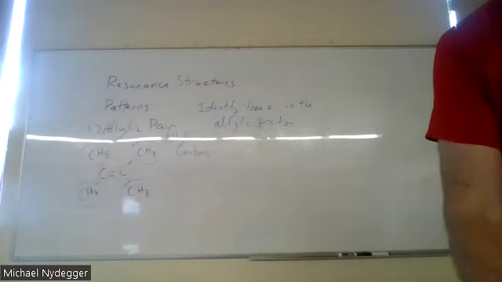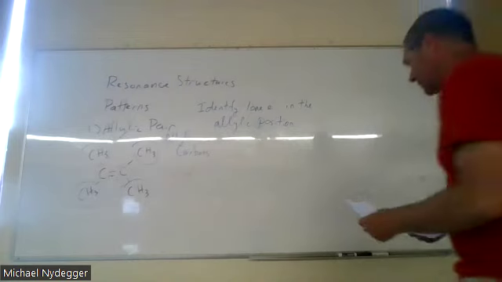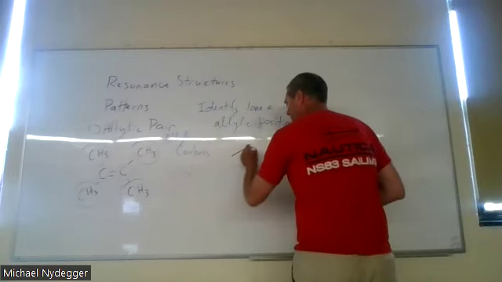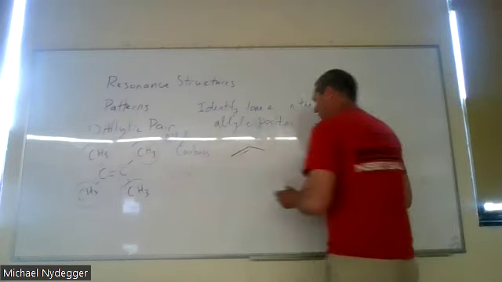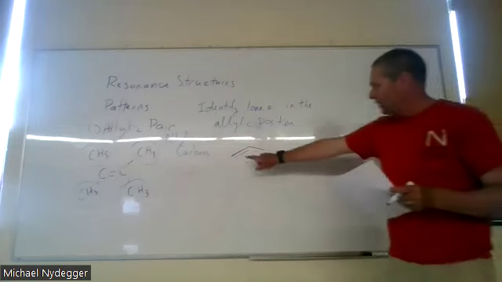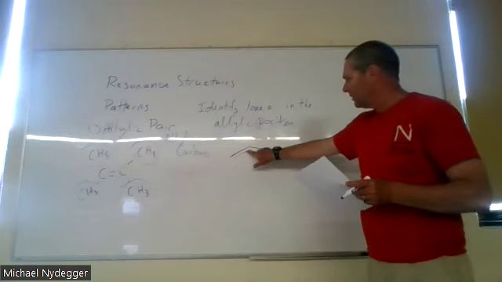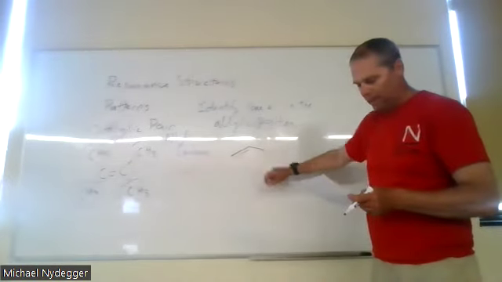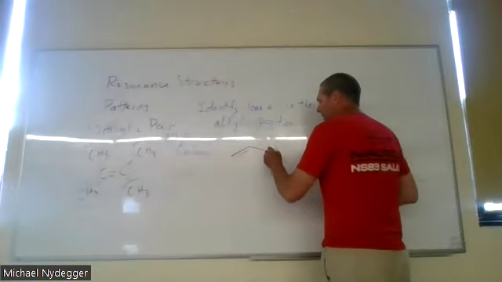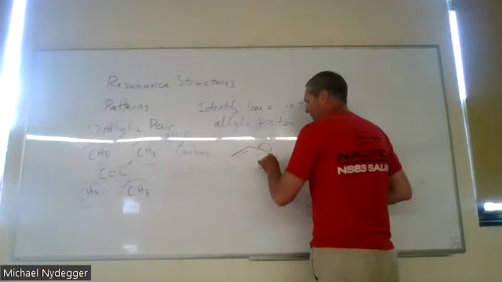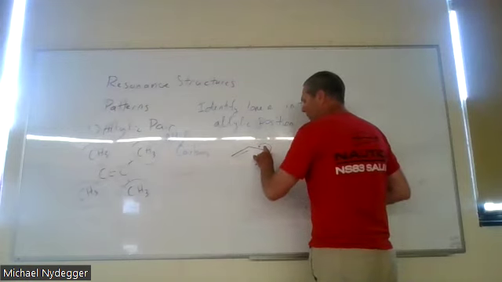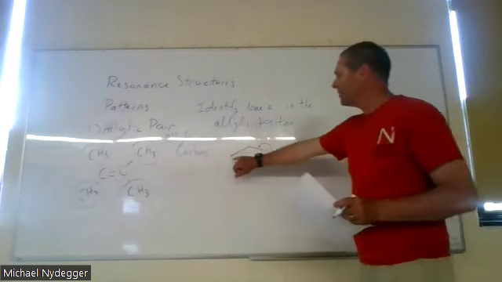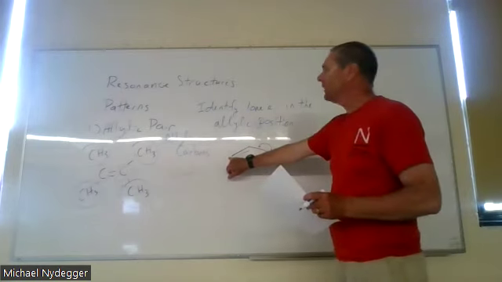All right, so for example, we have another example we can look at, and we've already seen this one, or one similar to it. Here are going to be the vinylic carbons. This is going to be the allylic carbon. We have a lone pair on the allylic carbon. What can happen is this lone pair can form a double bond here. So what we've done is we've turned this vinylic carbon into an allylic carbon.